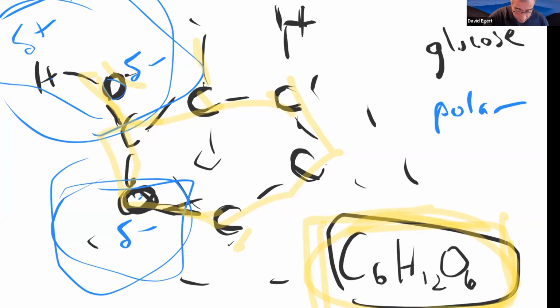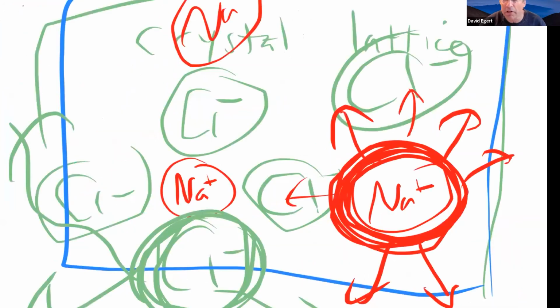Whereas when I put my salt crystal in there, it's totally different. This thing that had NaCl's is now a bunch of Na's doing their own thing, a bunch of Cl's doing their own thing. There's nothing left that is a single unit, an NaCl. It's not till you evaporate all the water and they find each other again and reassemble in a crystal that you've got something you'd call a salt crystal again.